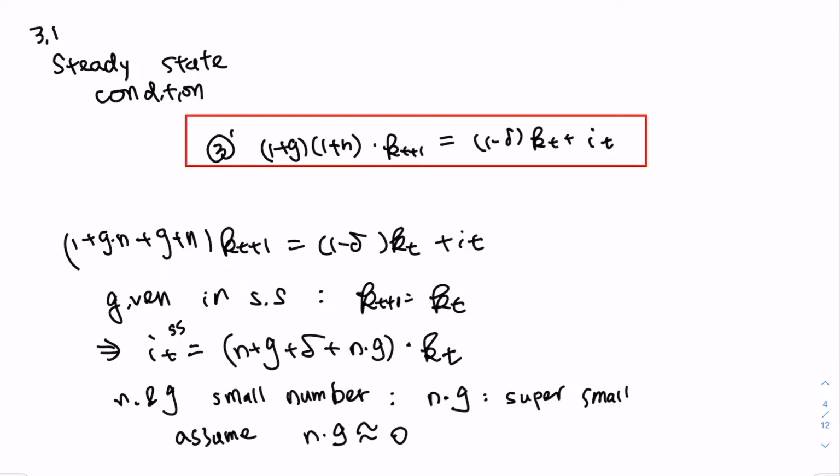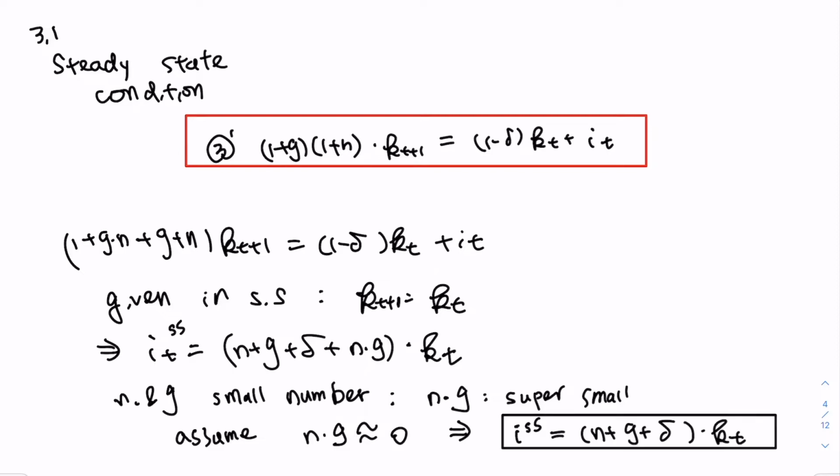Because of that, we can assume that the product of n and g approximately equals 0, and then we can drop it, so that we have a relatively clean steady state condition, similar to what we had before: the investment required at a steady state equals (n plus g plus delta) multiplied by k_t. The only difference of this steady state condition versus the earlier one is that we have the g in the steady state condition.